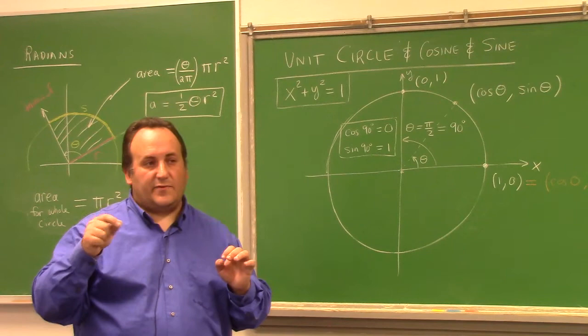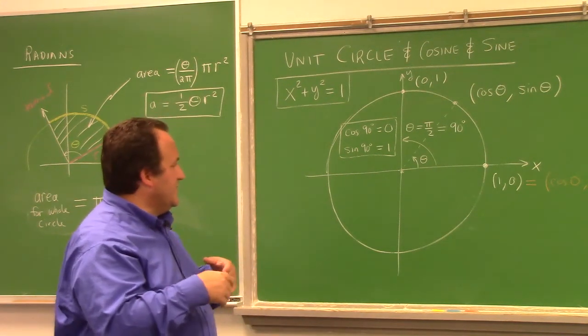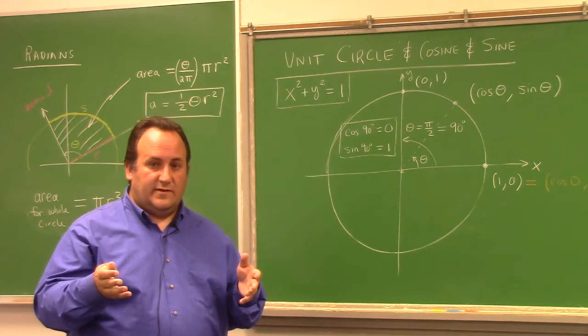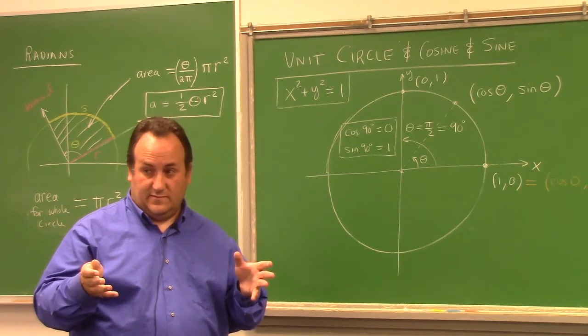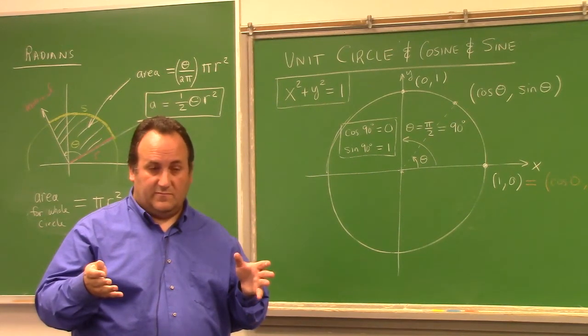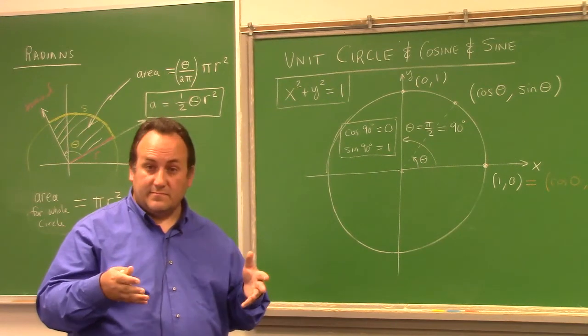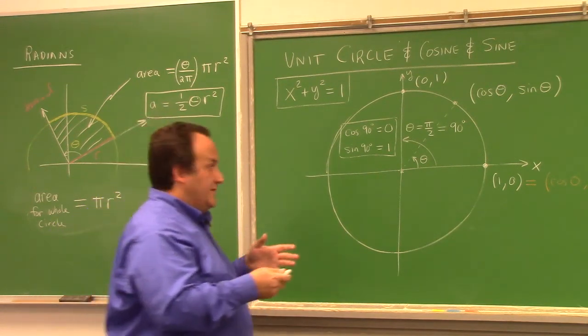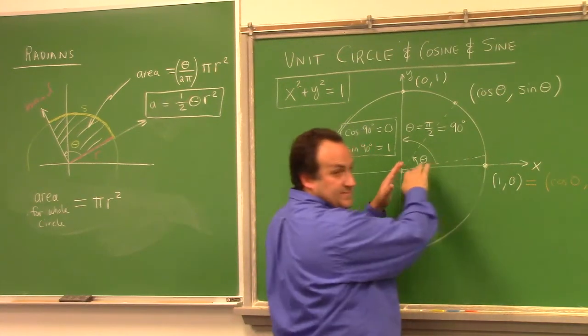If you feed the number 3 into the degree function, cosine of 3 degrees is really close to 1. Because where's 3 degrees? It's like right here, right?